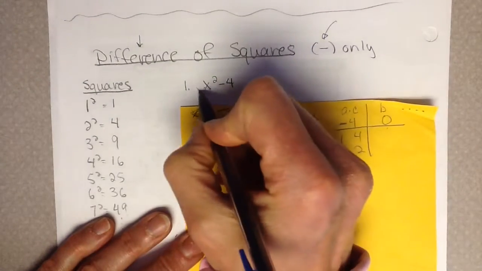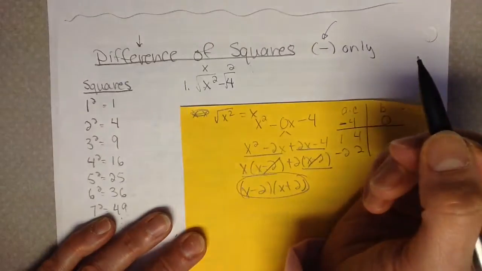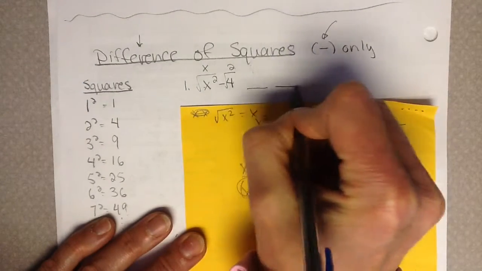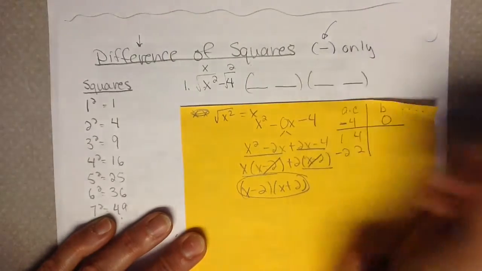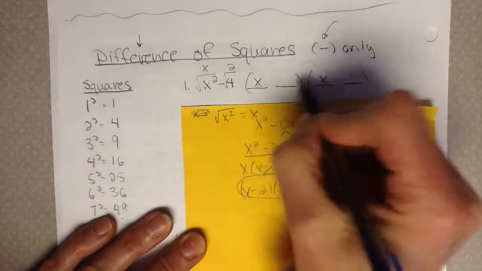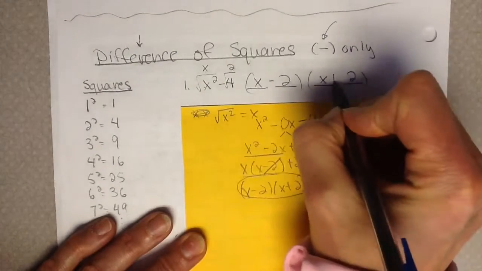So what you do basically is you take the square root of this, that equals x, the square root of this, that equals 2, and then the shortcut is it's a 2 by 2, so 2 terms times 2 terms, and we're going to put this x in the first blank in both of them, we're going to put the 2 in the second blank in both of them, and then the signs are going to alternate.